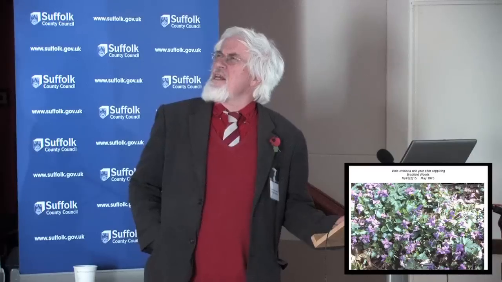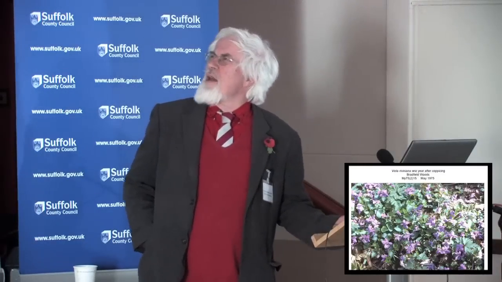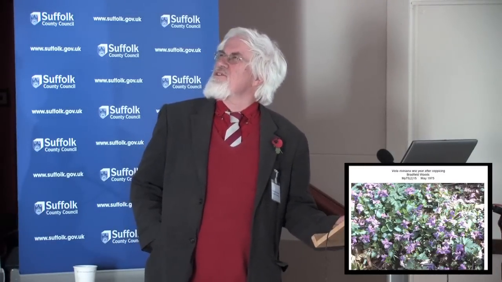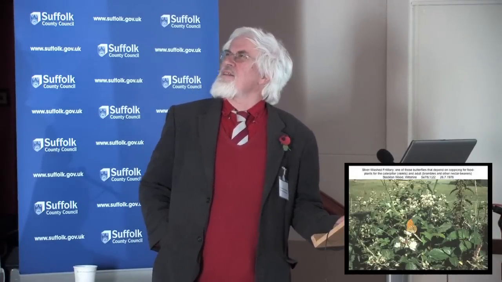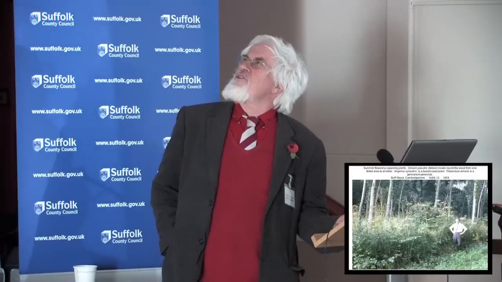There are many other animals that depend on coppicing plants in one way or another, such as the silver-washed fritillary, whose caterpillars feed on violets, and they need abundant violets. And then there are the summer-flowering coppicing plants, like angelica or marsh thistle.